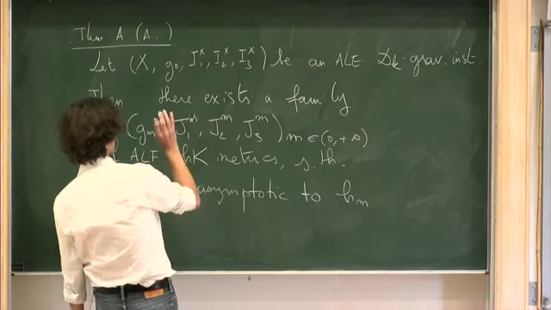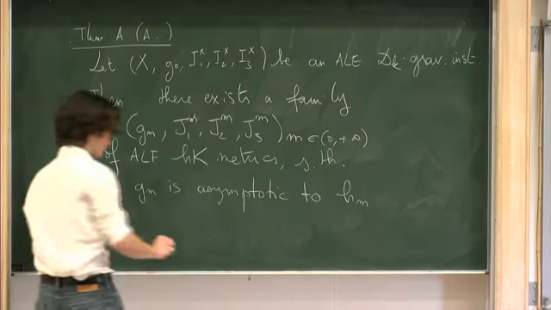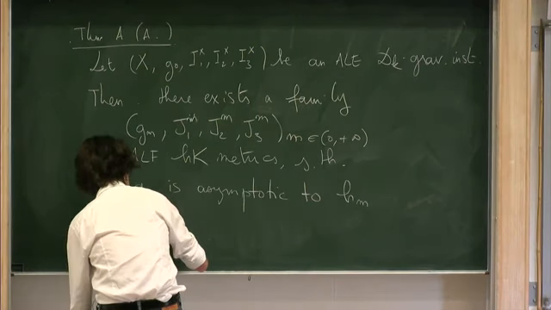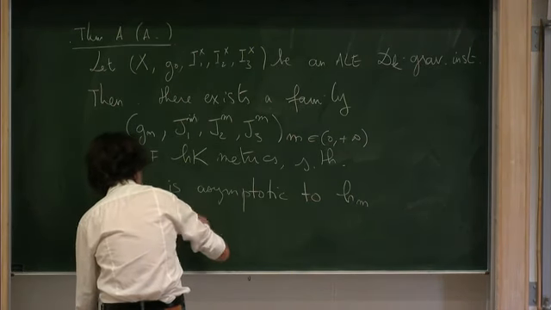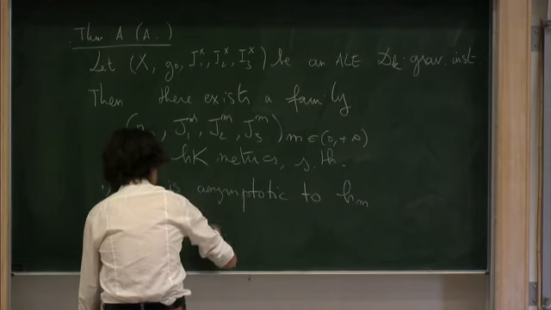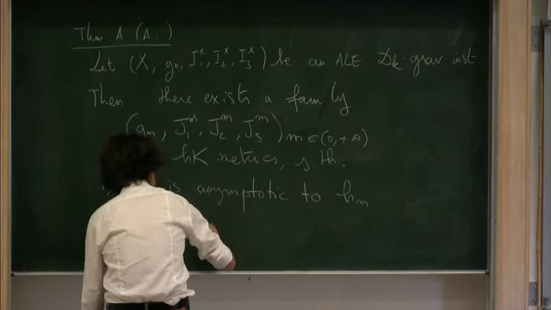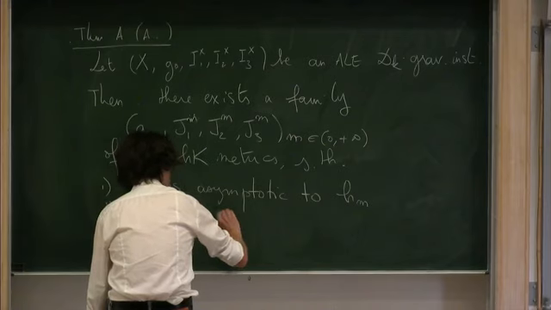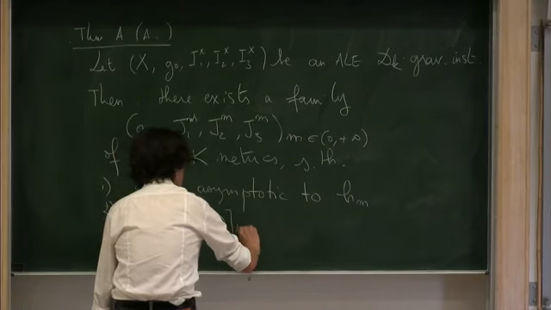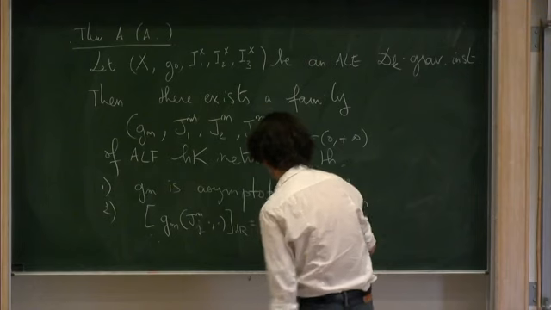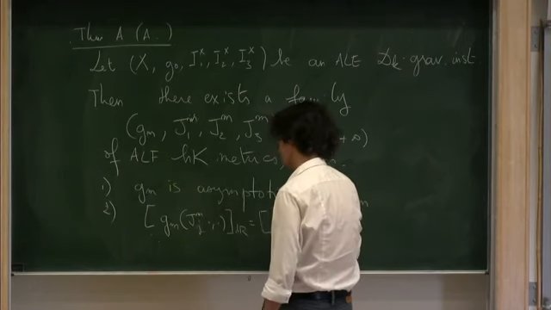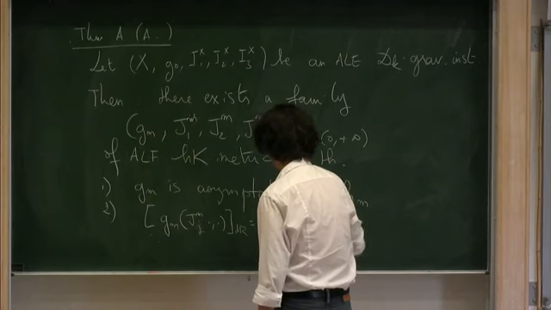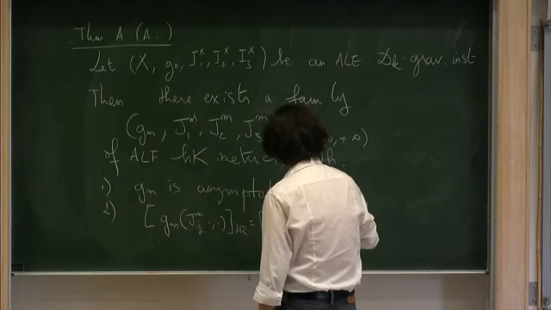Second, your Kähler classes are preserved. So this means that the GM class of J is equal, for any fixed M and all J, to the G0 class of I_J.